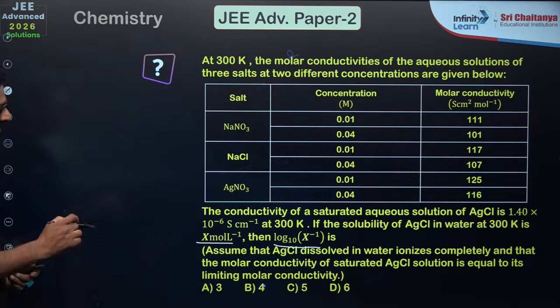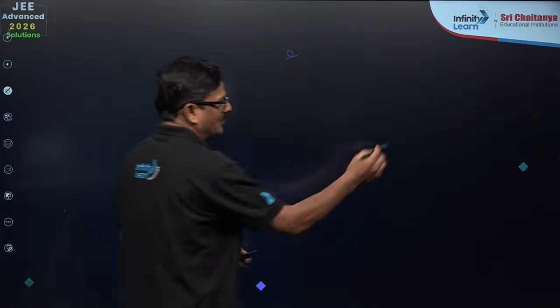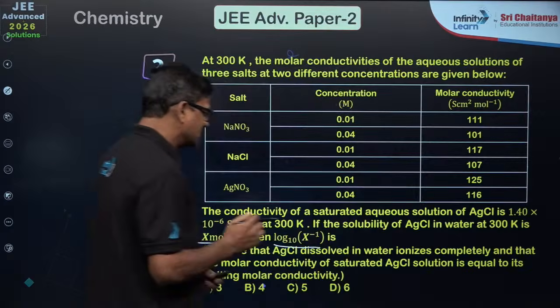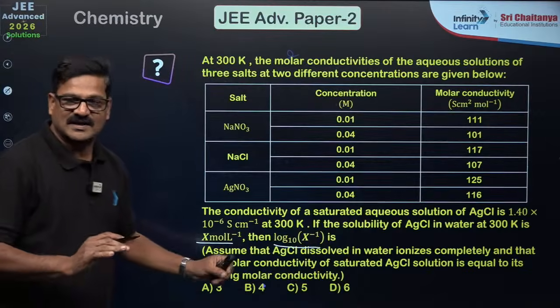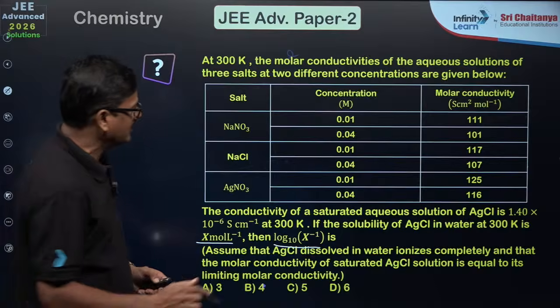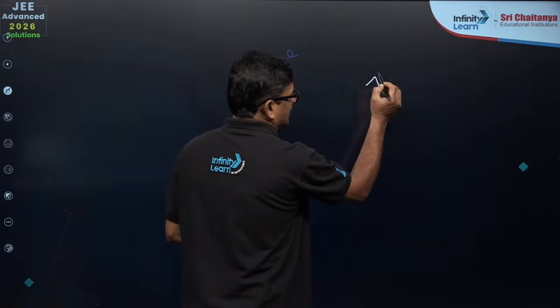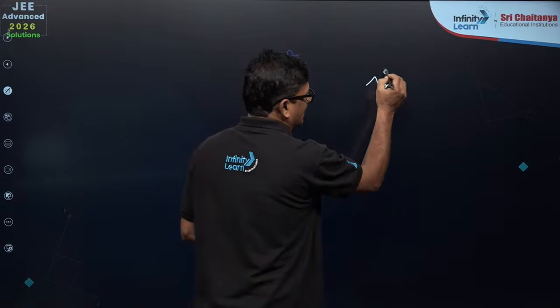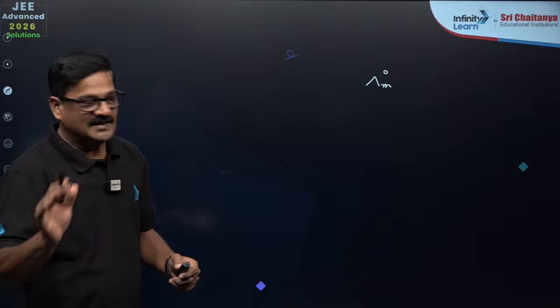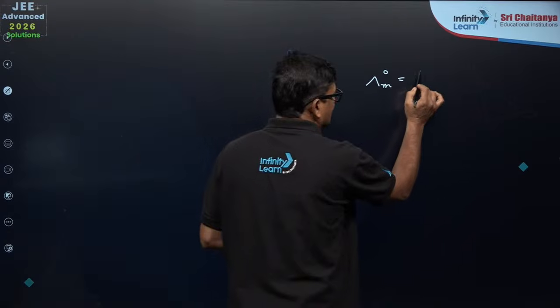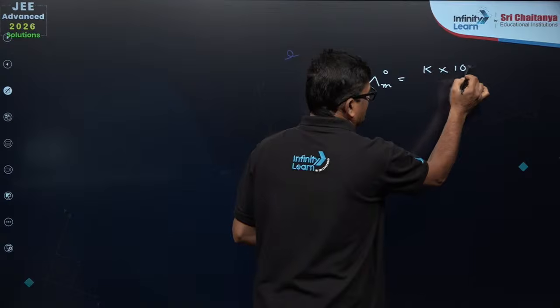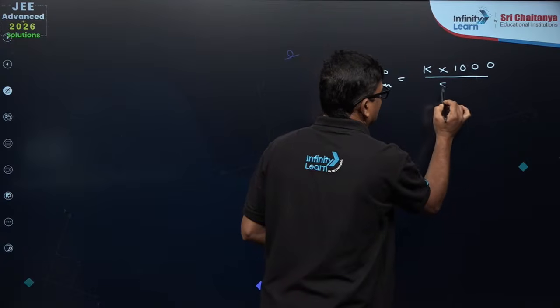I just want to take this calculation in segments. It is a saturated solution. Whenever it is a saturated solution, we have to carefully take molar conductance at infinite dilution is equal to K into 1000 by solubility.